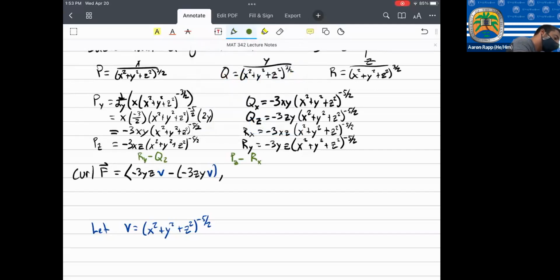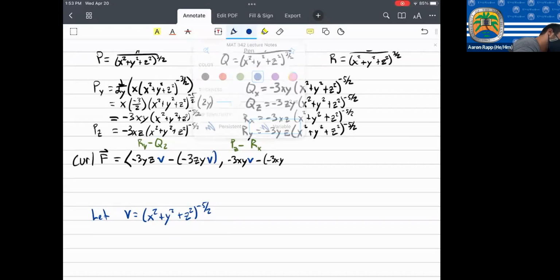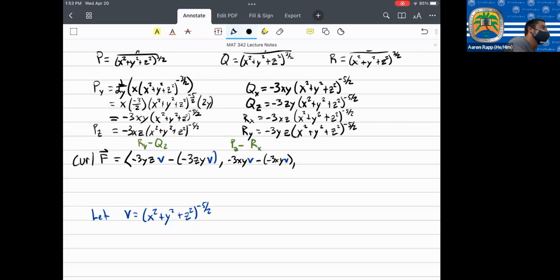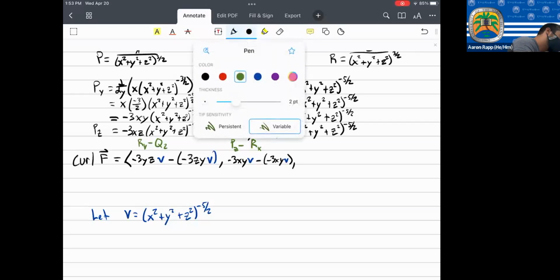But hey, the partial with respect to Z of the component P was negative 3XY times this V, and I'll be subtracting a negative 3XY times that V, which again gives me what? 0.